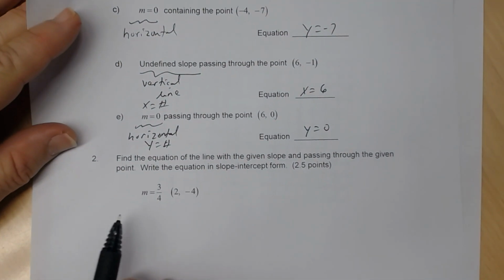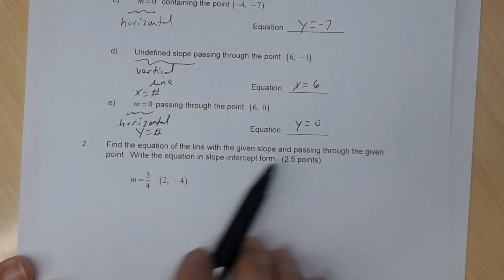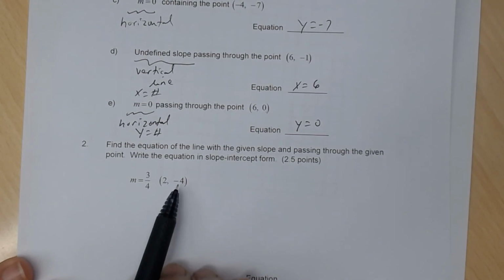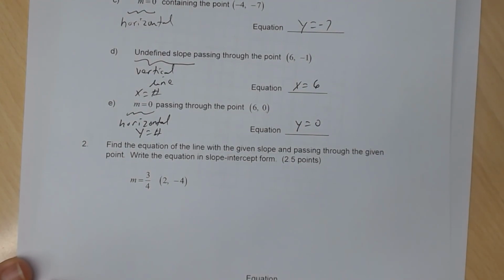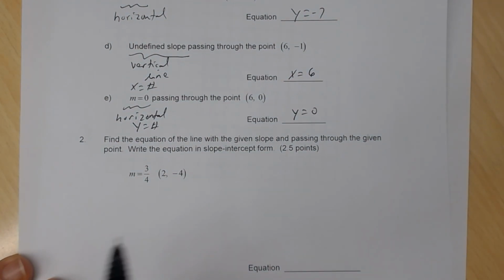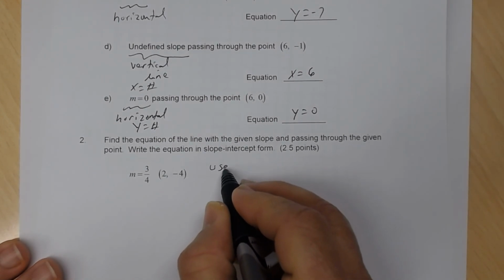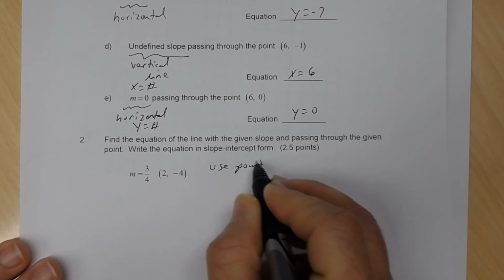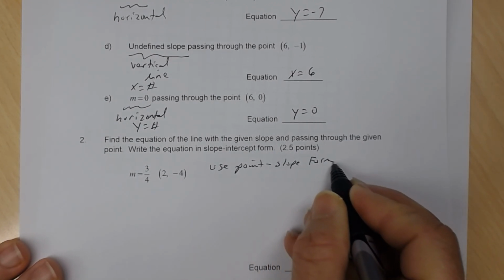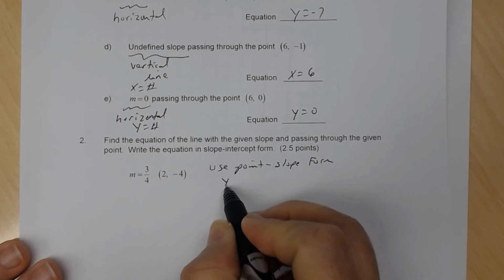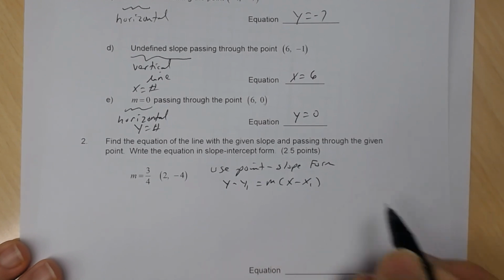All right. Now, number 2, you want to find the equation of a line with a given slope that passes through this point. And all you want to do is write the equations in slope-intercept form. First of all, we're going to use point-slope form. Remember, point-slope form is y minus y1 equals the slope times x minus x1.